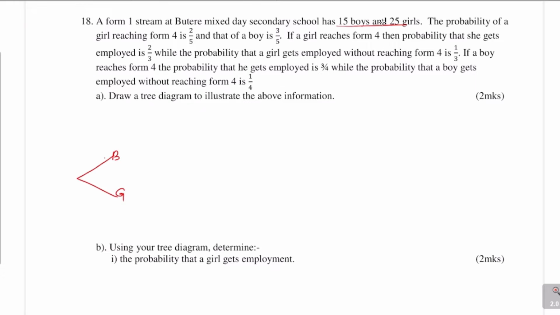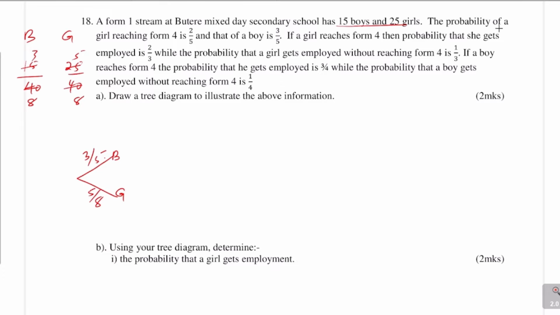Since there are 15 boys and 25 girls, the probability of picking a boy will be 15 divided by the total, 15 plus 25, that is 40. Then for a girl it will be 25 divided by 40. When you simplify these, the boy gives 3/8, and for the girl, the probability of choosing a girl simplifies to 5/8. So that is the first one, boy 3/8, and then girl 5/8.